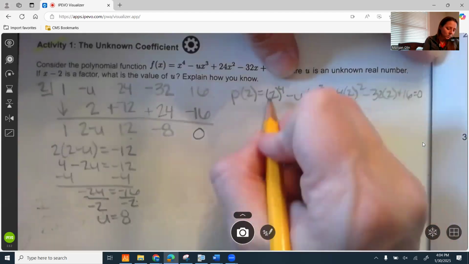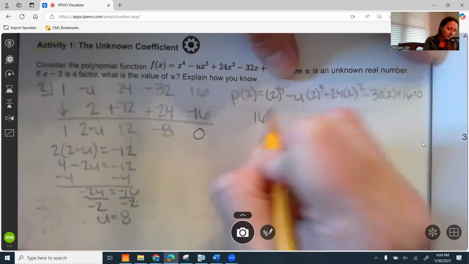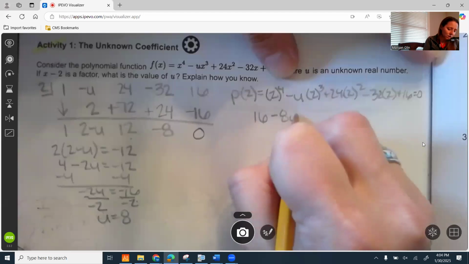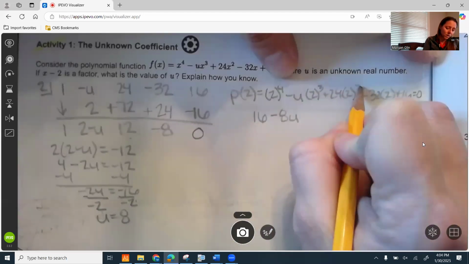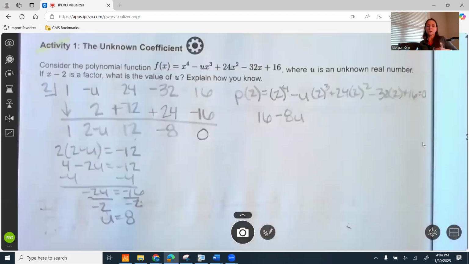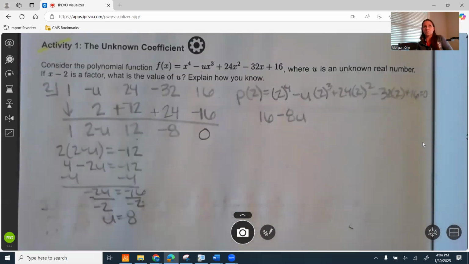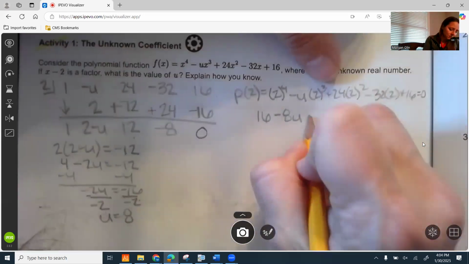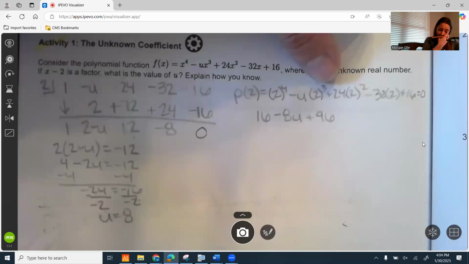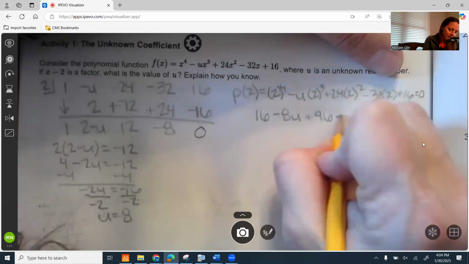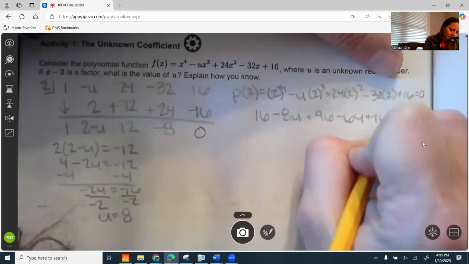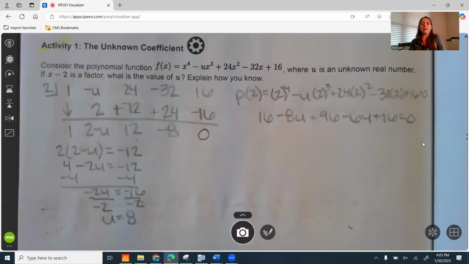All right, so here this would be 16 minus 2 cubed is 8, so 8u. All right, 2 squared is 4, and 4 times 24 is 96. All right, this is going to be minus 64 plus 16 equals 0. Now, I'm going to do some math here.